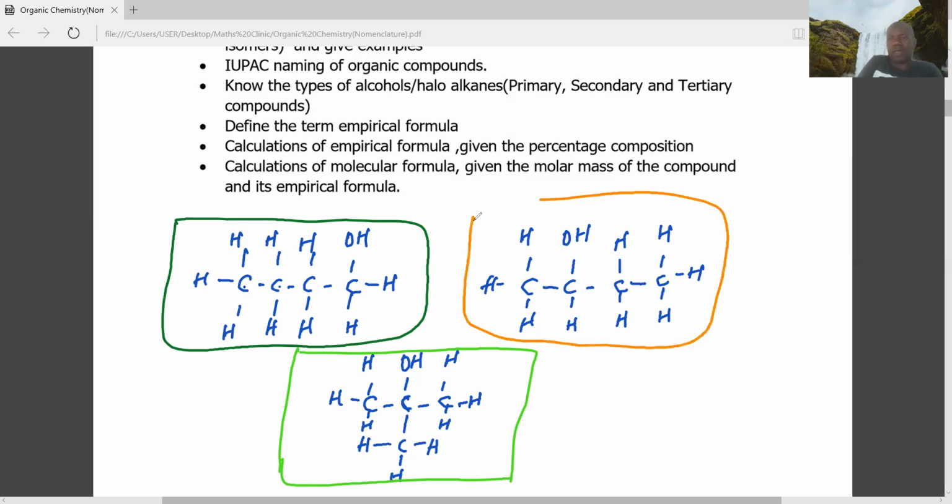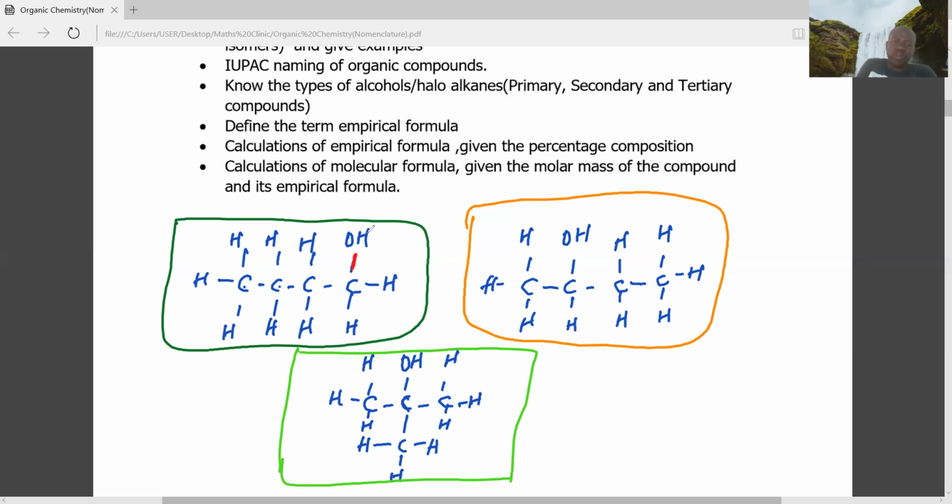Okay, first of all, let's look at these compounds here. All of them are alcohols because their functional group is just hydroxyl. It's an alcohol, it's also an alcohol, and this is an alcohol.